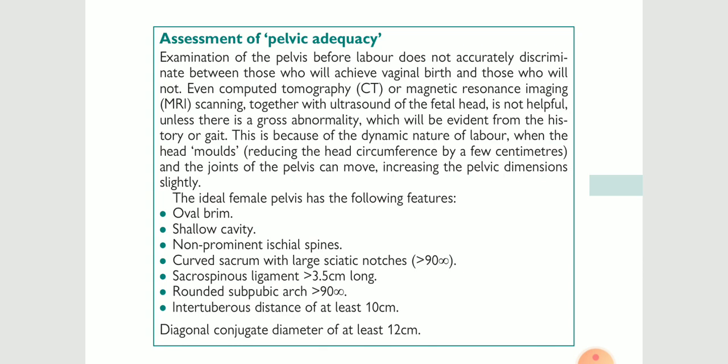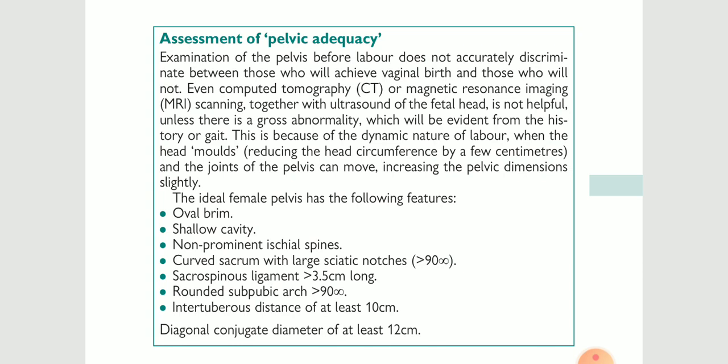This has great importance, because in a female pelvis where the ischial spines project inwardly, they cause fixation or difficulty in delivery, because the fetal head gets fixed between the two ischial spines.